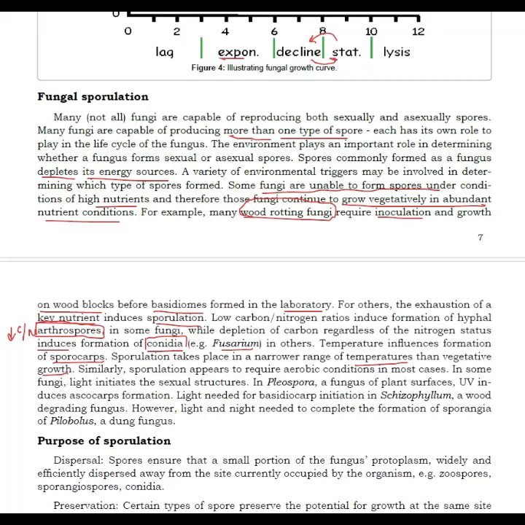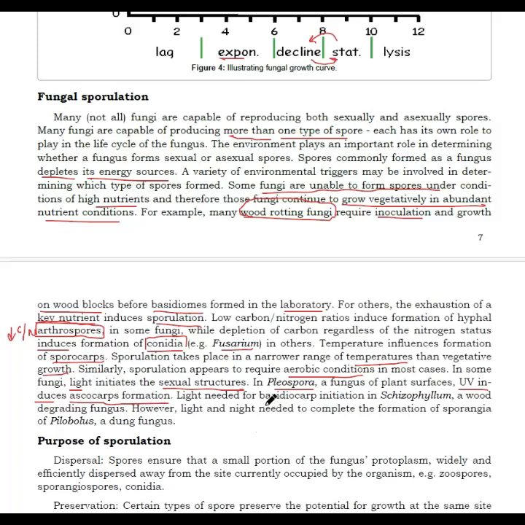Sporulation also requires, in some cases, aerobic conditions. In some fungi, light initiates the sexual structures. Interesting, right? In another case, Pleospora, a fungus of plant surfaces, UV induces ascocarp formation. We will study one by one in detail, and when we study several genera of fungi, we will discuss all of these.